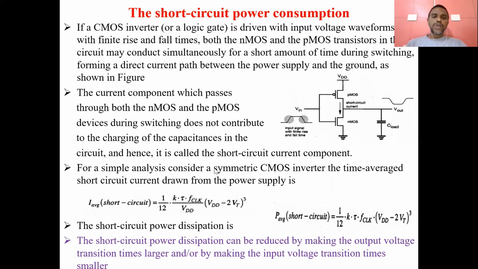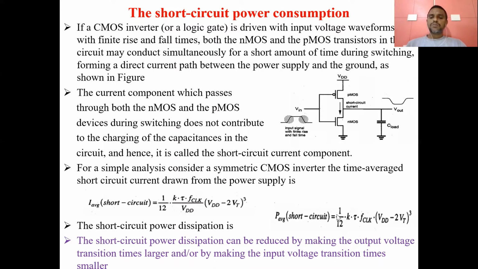For a simple analysis, consider a symmetric CMOS inverter. The time average short circuit current drawn from the power supply, I average short circuit, is equal to 1 by 12 K tau F clock (VDD minus 2 VT) whole cube. This is the average short circuit current.